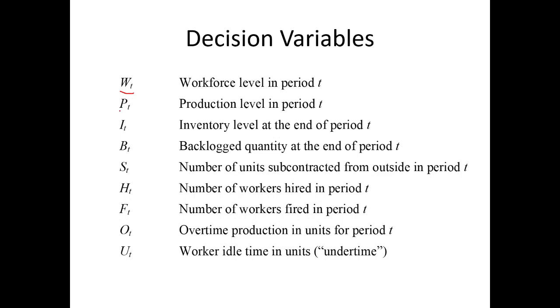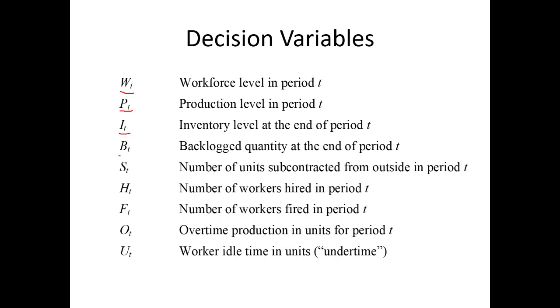P sub T is the production level in period T. Of course, the production level will be restricted by the available number of workers. I sub T is the inventory level at the end of period T.